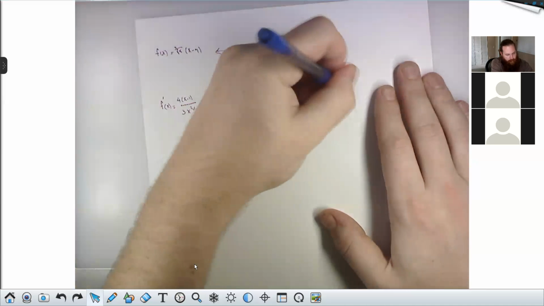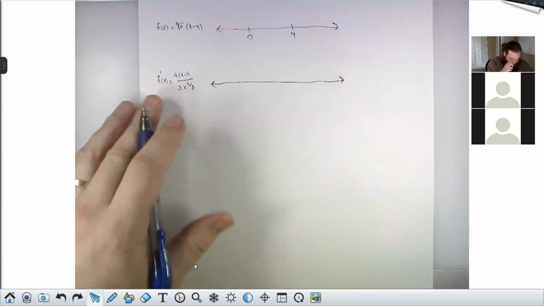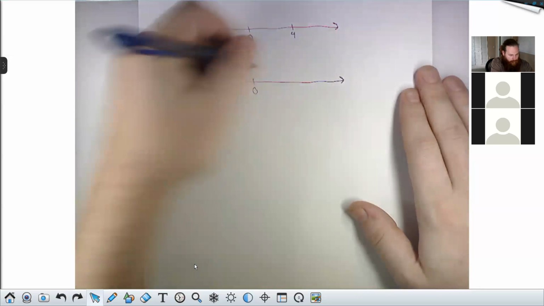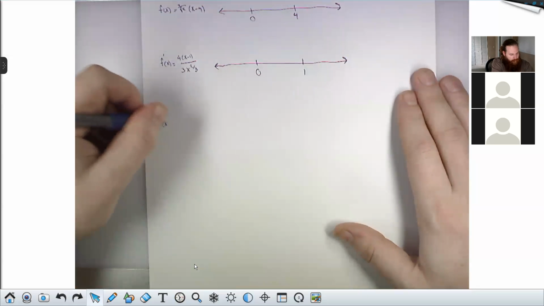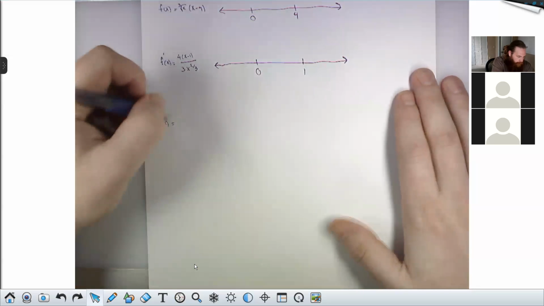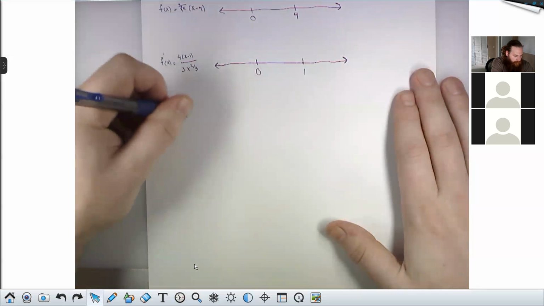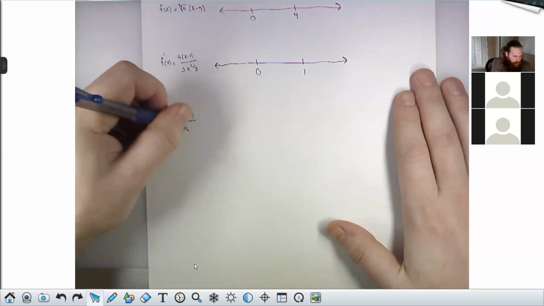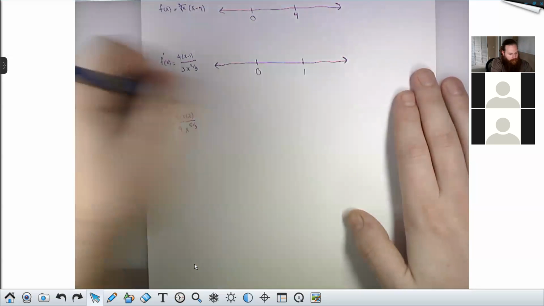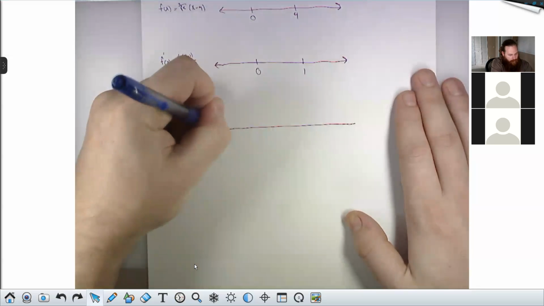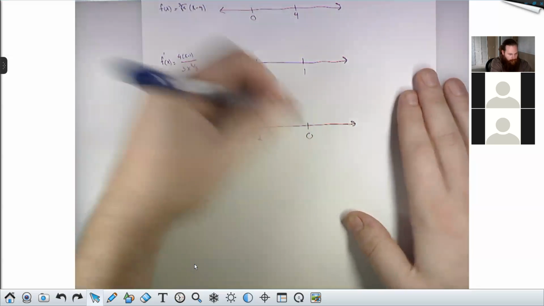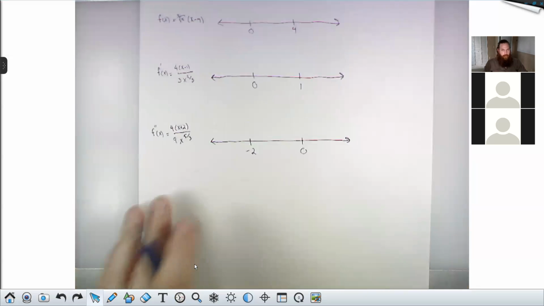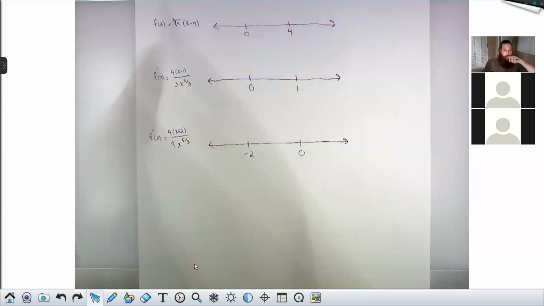This number line had 0 and 1. And f double primed, which in its most simplified form is 4 times x plus 2 over 9 times x to the 5/3, should have negative 2 and 0. I'm not really worrying about the spacing relative to each other on these number lines. I'll just do each one on its own.